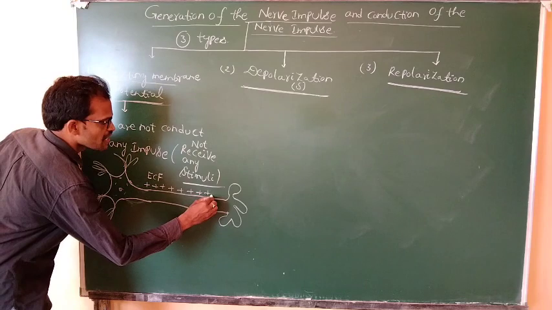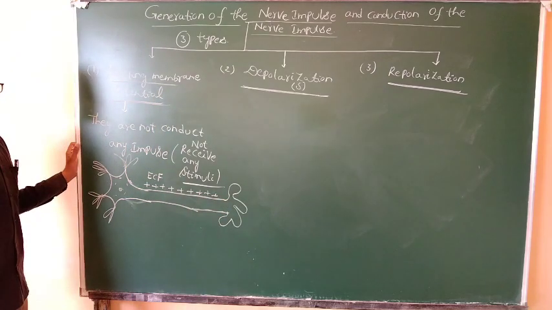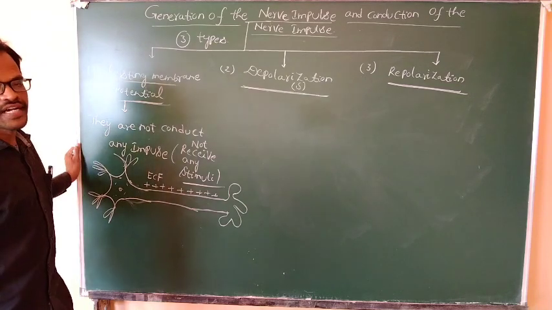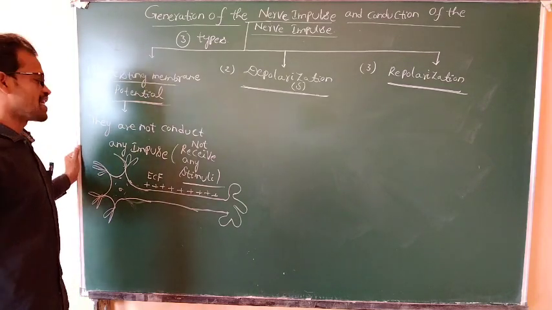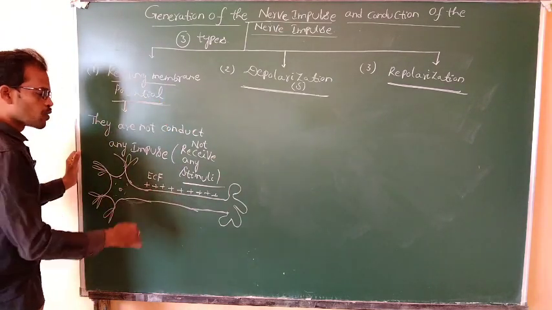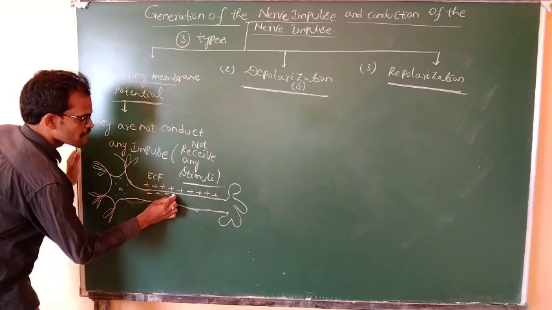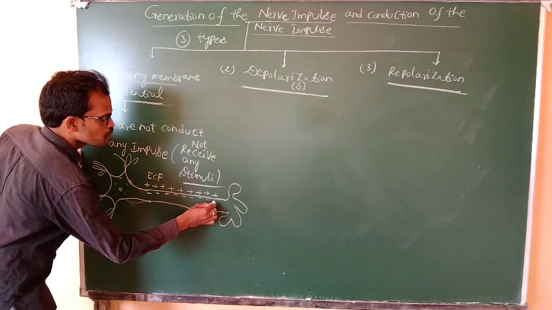What is the polarity of the membrane? What is the resting membrane potential? The neuron always maintains the polarity. Outside always has a positive charge, and inside always maintains the negative charge.